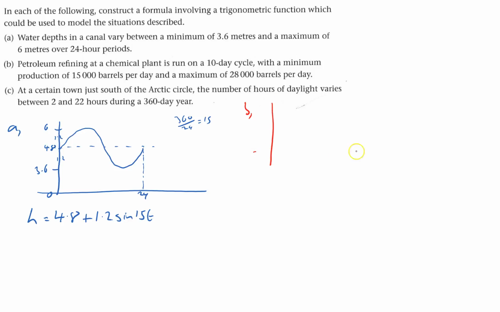So we've got a 10-day cycle, minimum 15,000, maximum 28,000, and the gap there is 13,000, so that's 6,500 I need to go up. So the middle bit here will be 21,500.